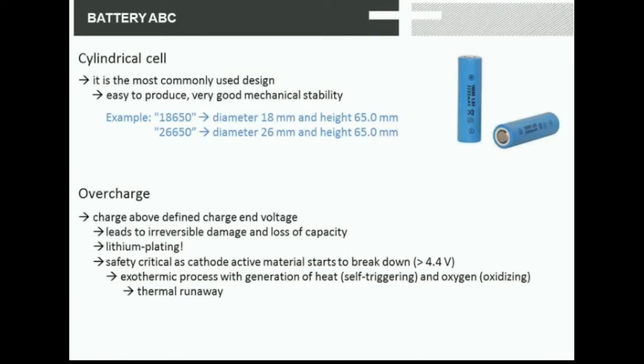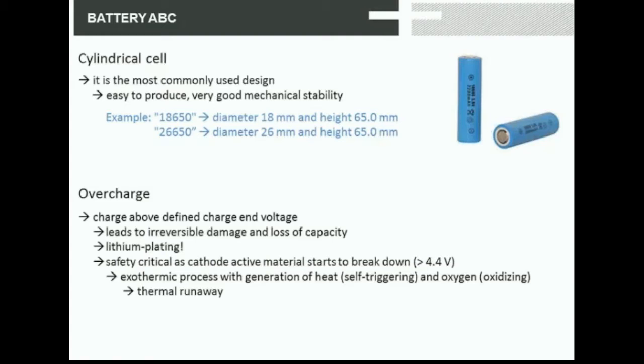What kind of cells are around? The most common cell is the cylindrical cell. It is very easy to produce, and it's very mechanically stable. It's a robust type of lithium-ion cell.